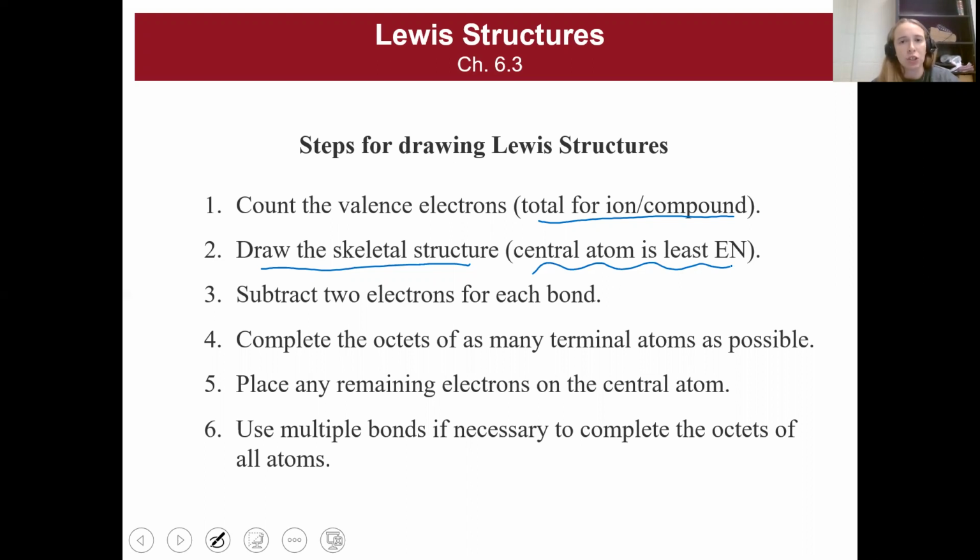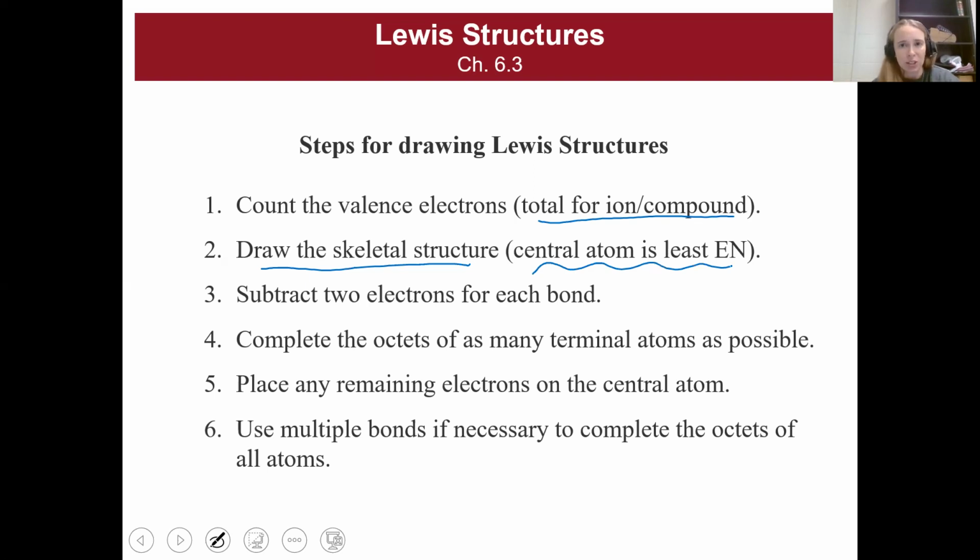So even if hydrogen is the least electronegative in the structure, it won't be the central atom. Most of the time, you'll see central atoms like carbon or nitrogen, sometimes oxygen, phosphorus, or sulfur, depending on what you're drawing. But it's always going to be the least electronegative.